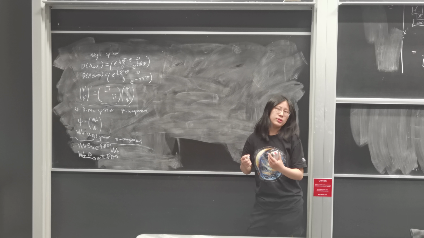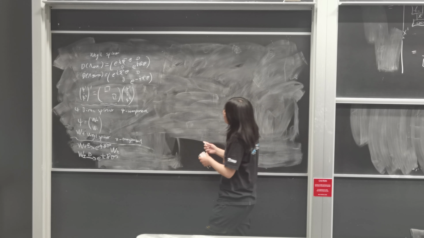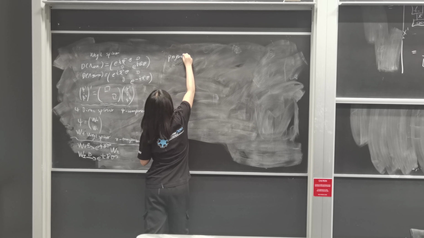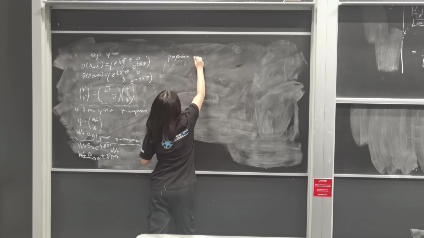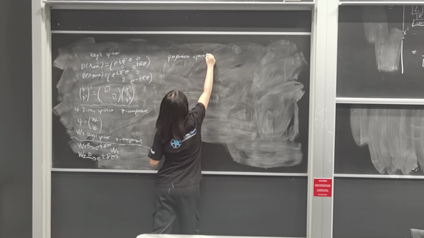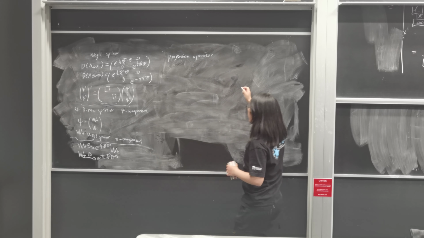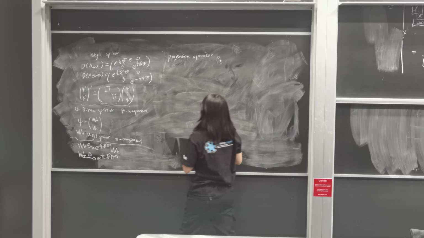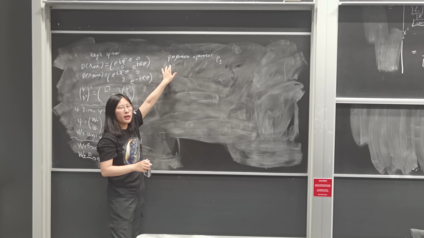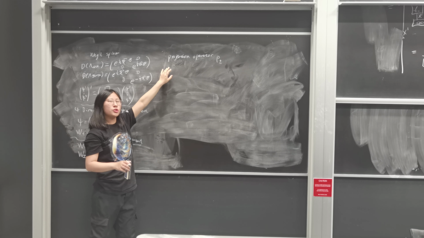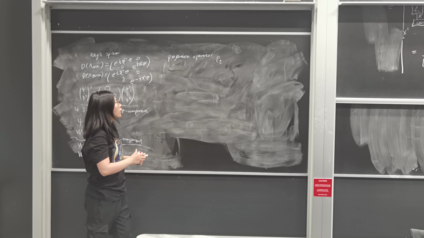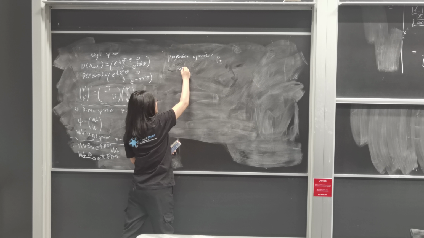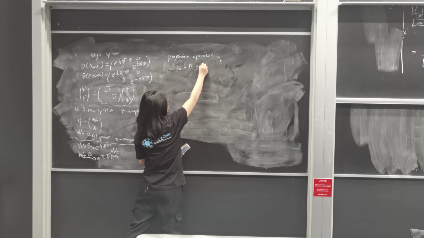So let's introduce a projection operator. Let's call it P plus minus. For projection in quantum mechanics, it should satisfy some properties. The projection operators should be complete, which means that P plus plus P minus should be identity.